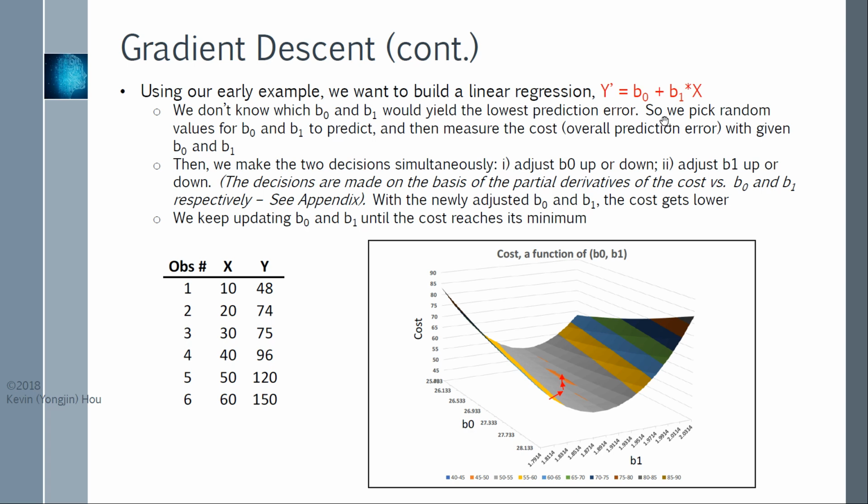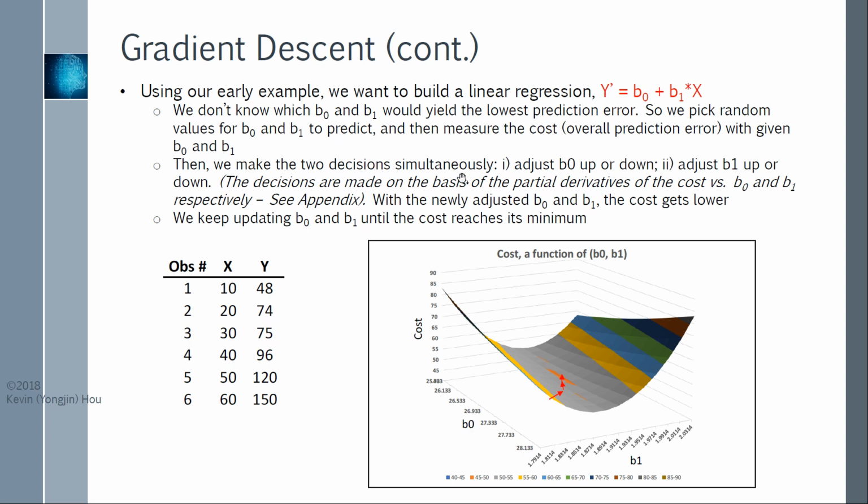We don't know anything. We can just pick random values for b0 and b1 to start with. With that, we make predictions. Then we measure the cost of the initial prediction. Then the next step is to figure out a way to update b0 and b1, which could reduce the prediction cost, or the prediction errors.